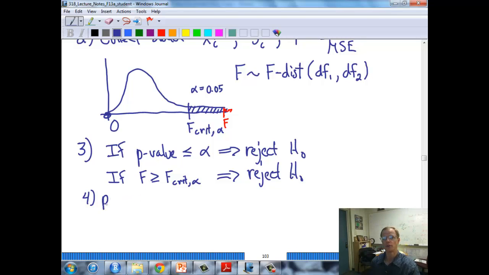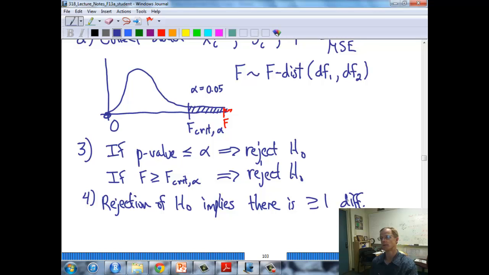Let's just note that rejection of the null hypothesis implies there is at least one difference between population means, but it does not specify which ones.